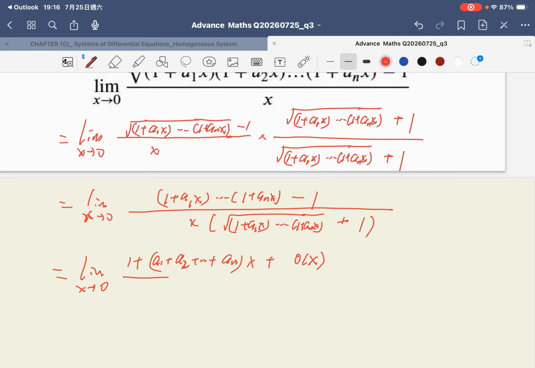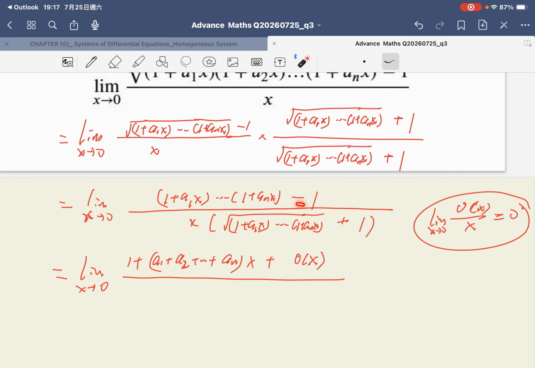The small o terms mean that o(x) over x tends to 0 as x tends to 0. We have this property. Then the final term is minus 1, and keep the denominator.